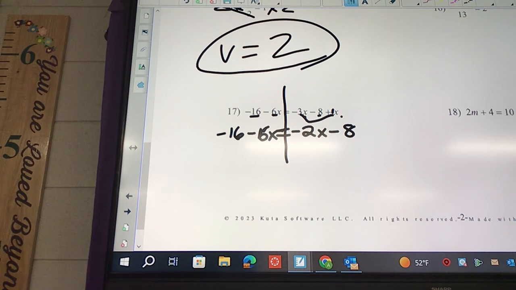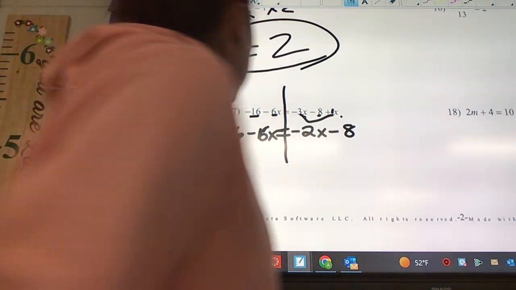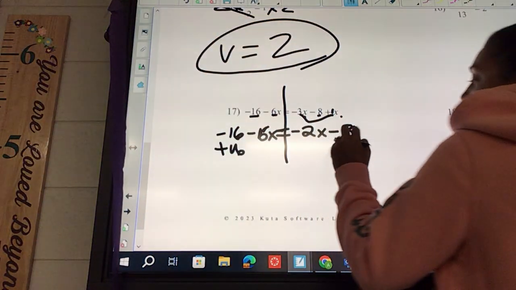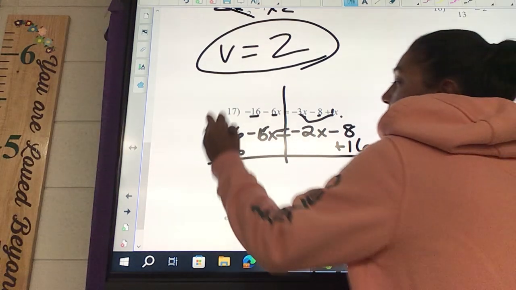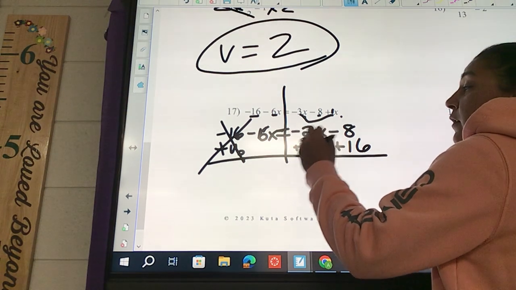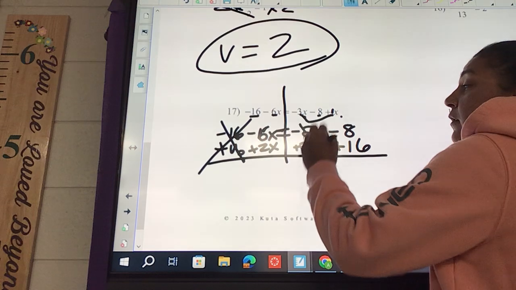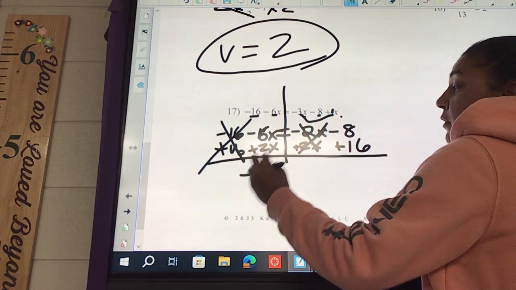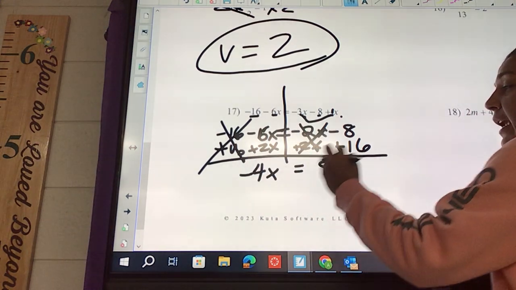Okay, and now Gibson, yes, you are right. Our letters are gonna go to the left and numbers gonna go to the right. So we're gonna move this 16 over here. What else needs moved? The negative 2x. The negative 2x plus 2x. So I got negative 4x equals 8.